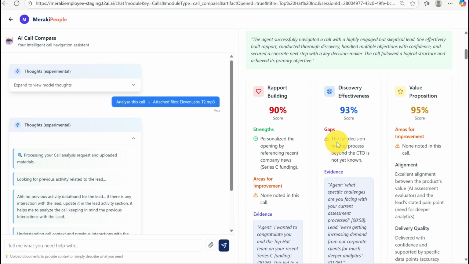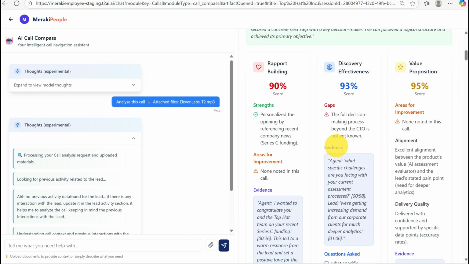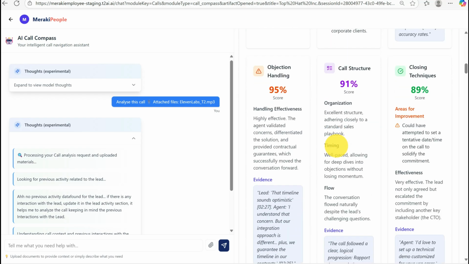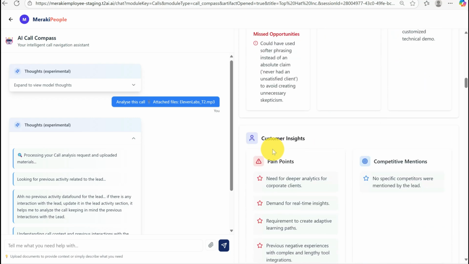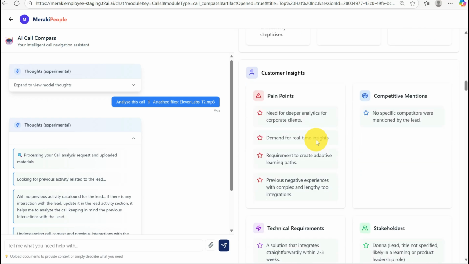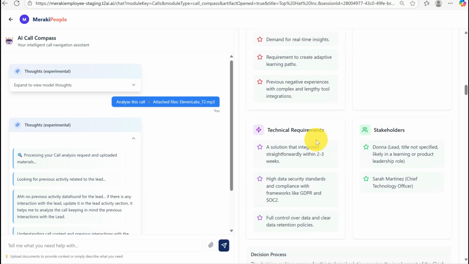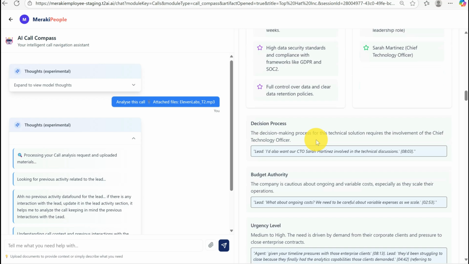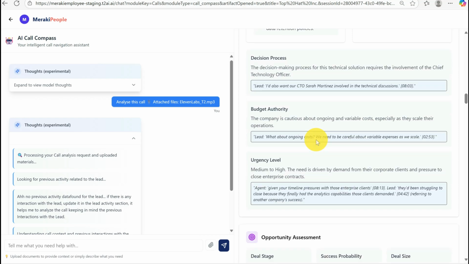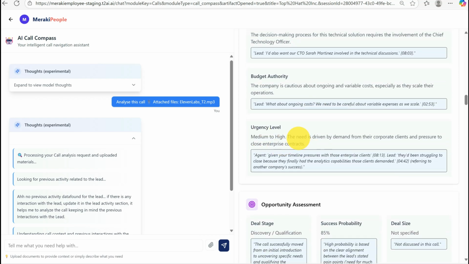Apart from the rapport building and the discovery effectiveness, with evidence that you can see over here, you also get the customer insights: the pain points, the competition mentions, technical requirements and stakeholders, all of them in one place. You also get the decision process, right? What is the decision process in this company? Who has the budget authority? What is the urgency level?